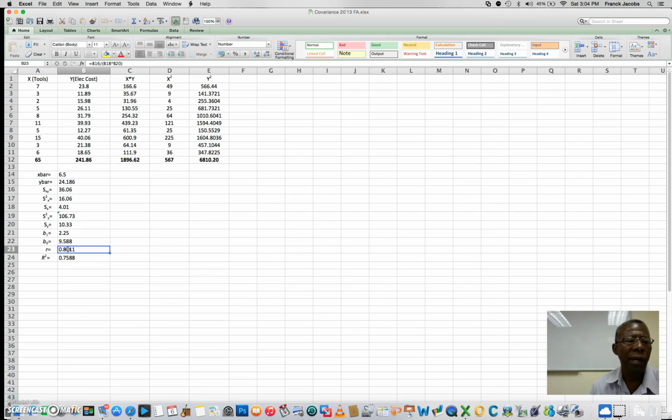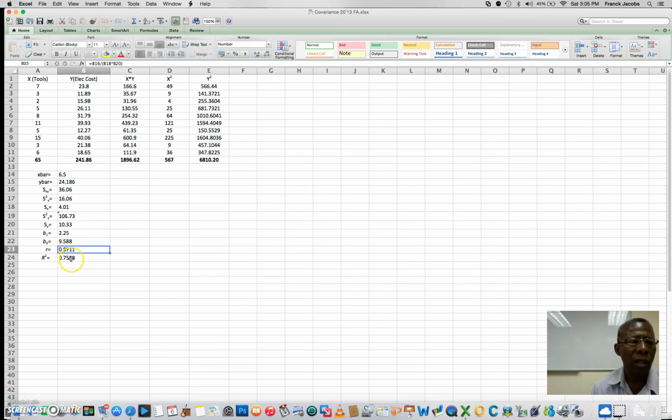So it would be divided by, open parenthesis, you have to use a parenthesis in this case, B18, which you notice is S of X, the standard deviation of X, and B20, the standard deviation of Y. That will give you the coefficient of correlation, and that tells you the degree to which the data are correlated. In this case, this is fairly high. It's 0.871. Remember, the maximum you can get is plus or minus 1.